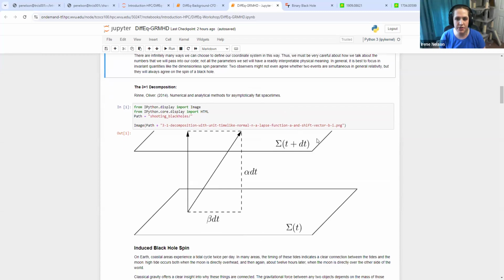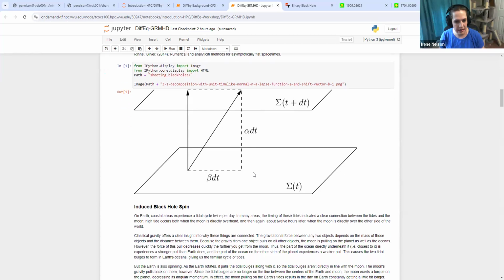And then we also introduce new quantities, the shift vector beta, and the lapse alpha. These define how space and time work at a single point in our grid in between time steps. So in between time steps, the position of a grid cell will be shifted by beta, and the amount of time that elapses is given by the lapse alpha.